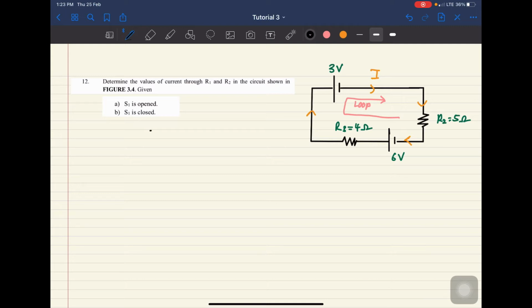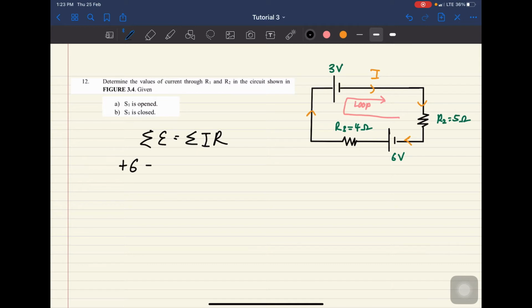So now you want to apply the loop rule. Okay, so the first one I start with the 6 and then 3. So again, this one is positive because coming out from positive, and this one is negative because coming out from negative. Remember, EMF follows the loop direction only.